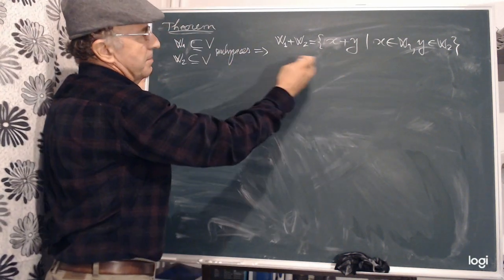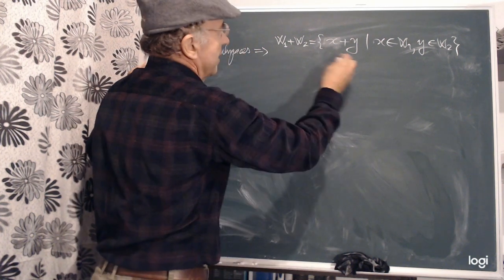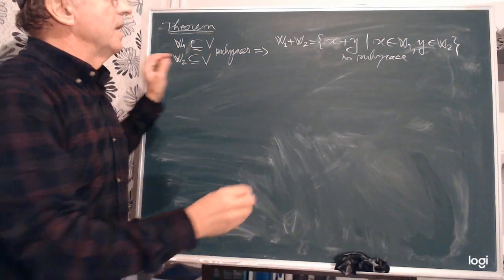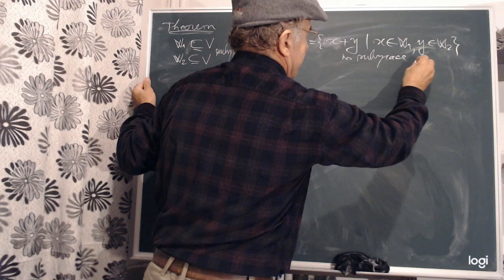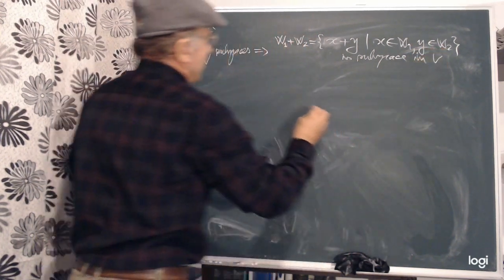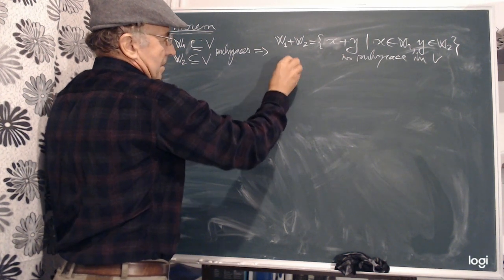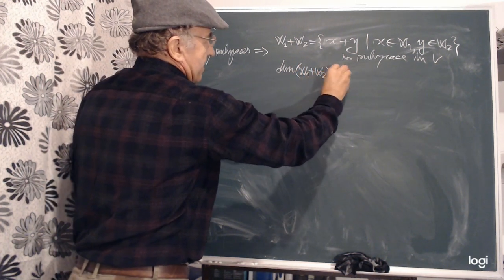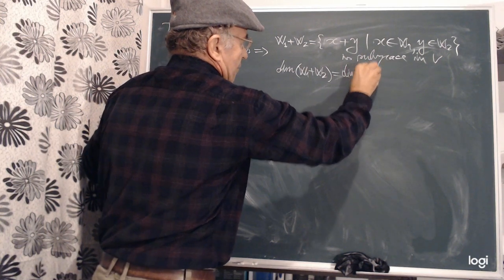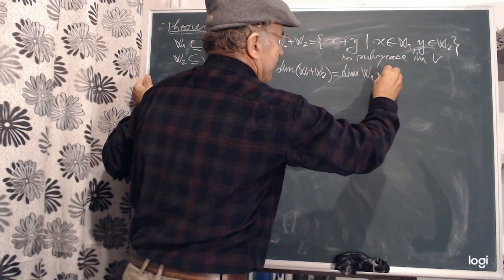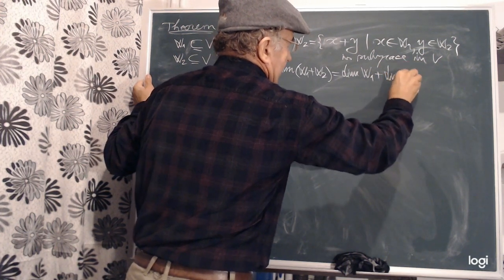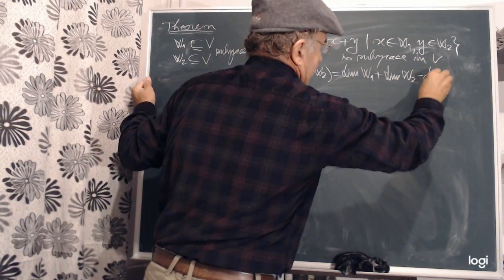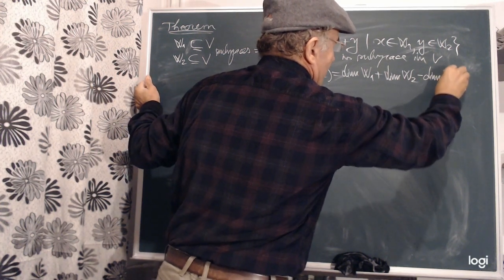This set is a subset evidently in V. It is a vector subspace of V, and the dimension of this subspace is the dimension of W1 plus the dimension of W2 minus the dimension of the intersection of W1 and W2.